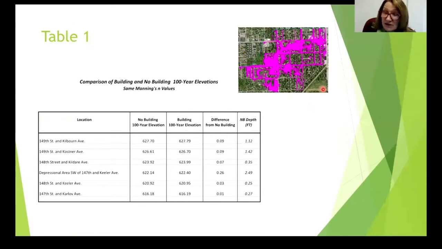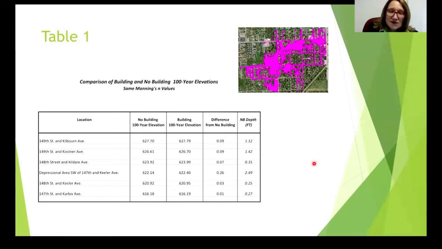And most of the communities, including Midlothian, that are near Chicago, even though Midlothian's about 20 miles southwest, it actually uses some of the same street names as Chicago. And so this is the area where the north-south streets are known as the K streets. So starting with 149th and Kilbourne down here and moving up to 147th and Karloff up here.